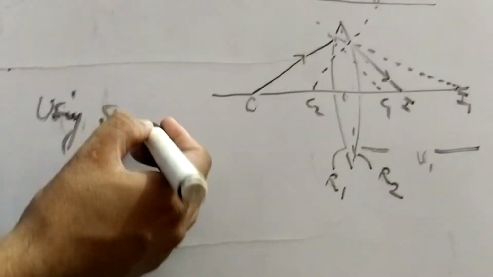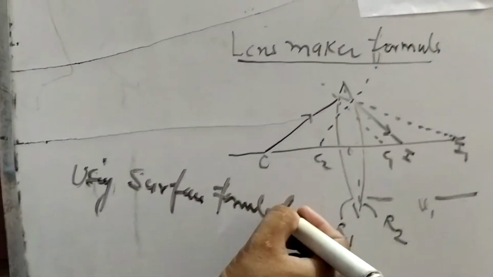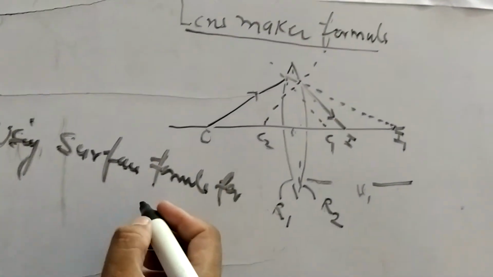Now using the surface formula for the first surface, what is the surface formula?